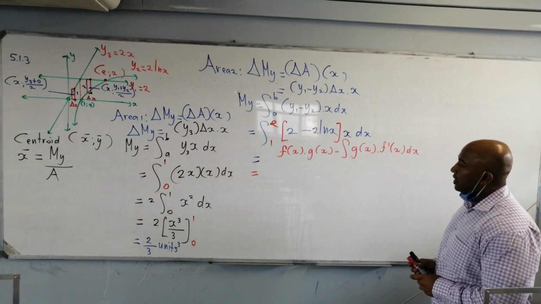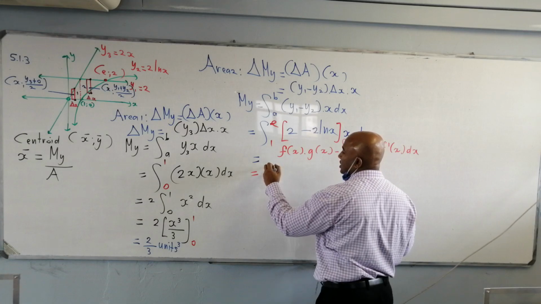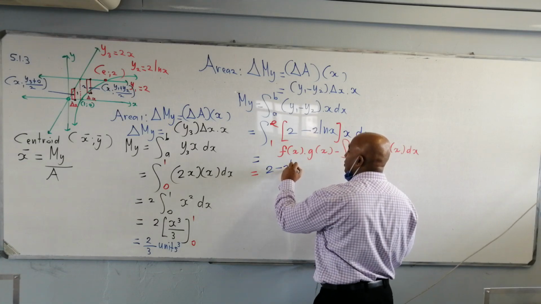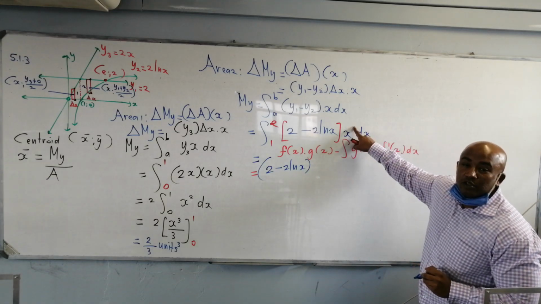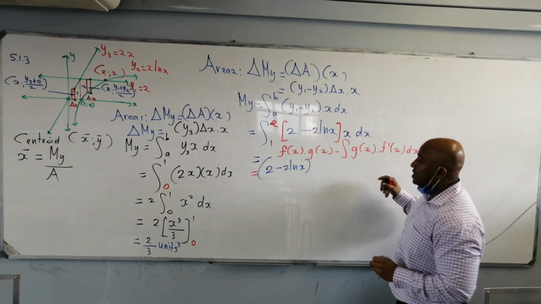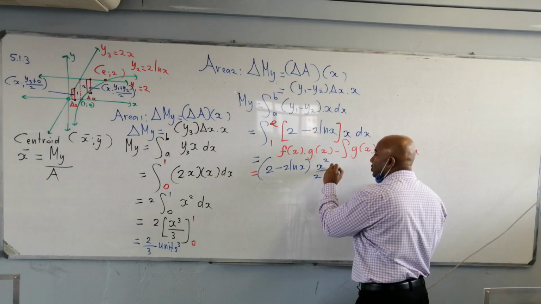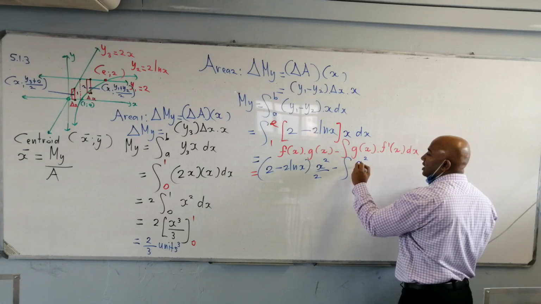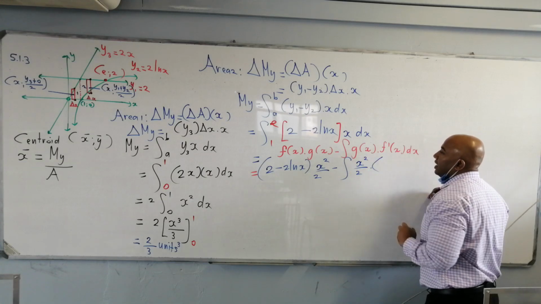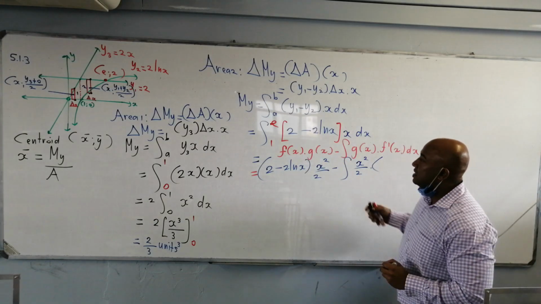So what am I going to do here? I'm treating this whole thing here as my f of x, which is 2 minus 2 ln x. Then this is going to be g prime. So when I want g, I need to integrate x, so that will be x squared over 2. Remember, whatever I write down here, I copy it here, which is x squared over 2. And then f prime. Now remember, this is f, so f prime means differentiating.